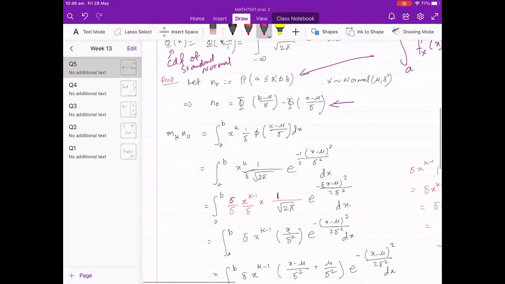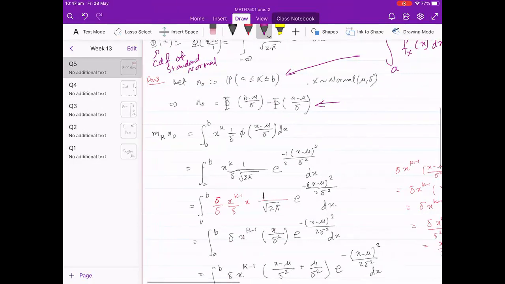Okay, and then Mk times N0 would be equal to the expected value of X to the power k, times N0, which is the CDF given here.